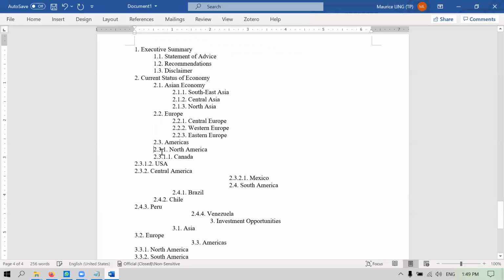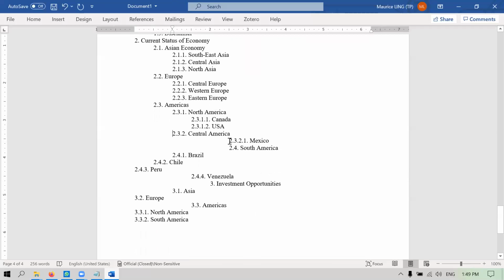North America. Under North America, we have, let's say, Canada, USA, and Central America. Within Central America, we have one that is in Mexico. After that, we have South America.